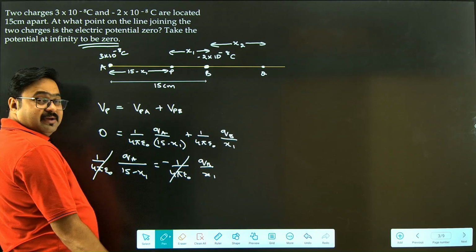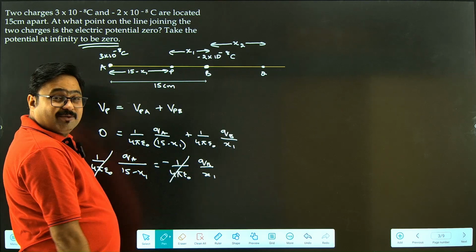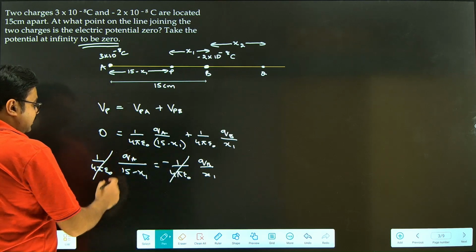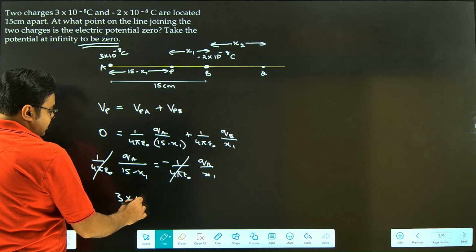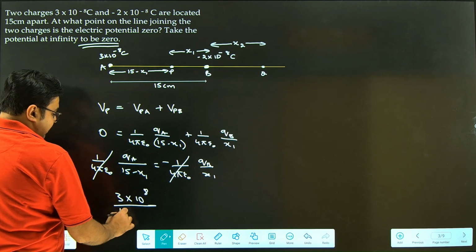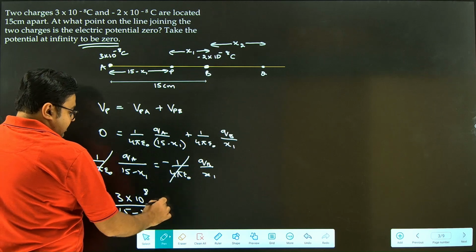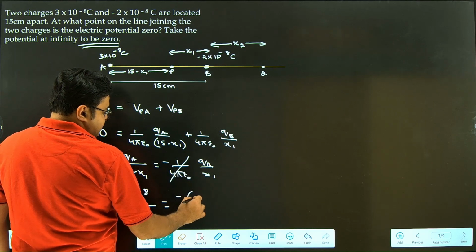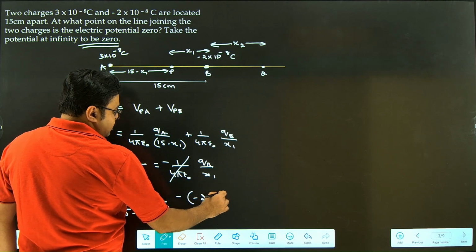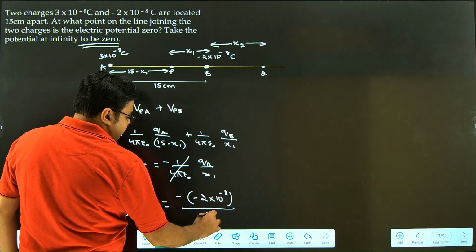We have QA divided by 15 minus x1 equal to minus QB divided by x1. Let's substitute for QA and QB. QA is 3 into 10 to the power of minus 8 divided by 15 minus x1, equal to, QB is minus 2 into 10 to the power of minus 8, so with the minus sign already there, divided by x1.